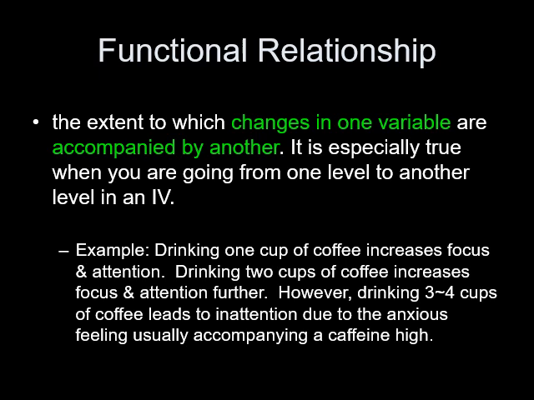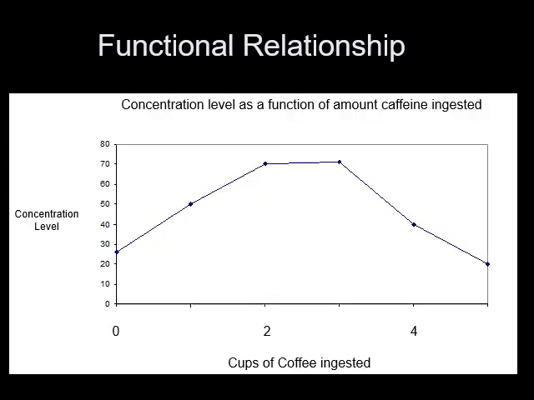This is something that we have said before when we are making our predictions. If the data supports our prediction, this is exactly the kind of pattern of data that we will be seeing. And this is what it would look like in graphical terms. You can see that when the person drinks 1 cup of coffee, their concentration level increases.